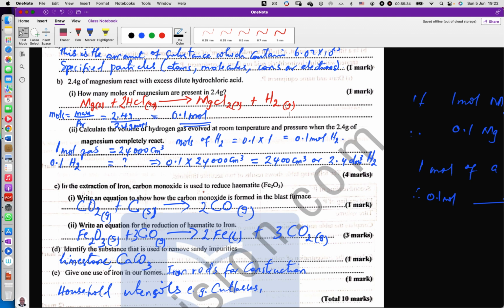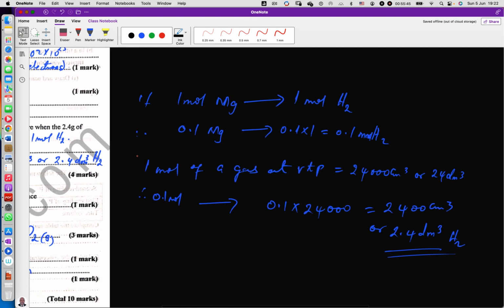To calculate the number of moles of hydrogen, remember that if one mole of magnesium gives, from the equation, 1 mole of hydrogen, then 0.1 mole of magnesium will give 0.1 mole of hydrogen.